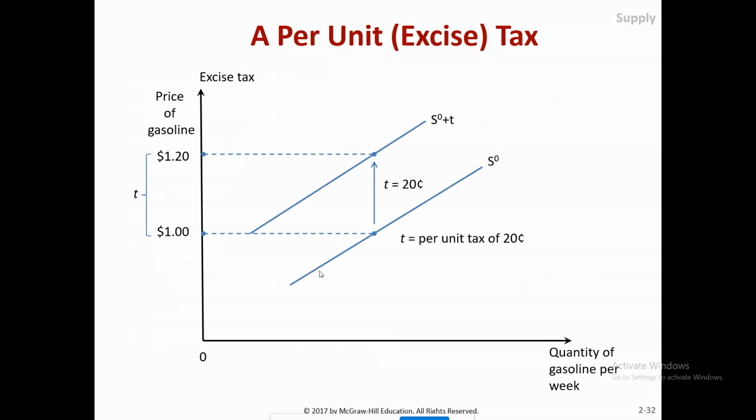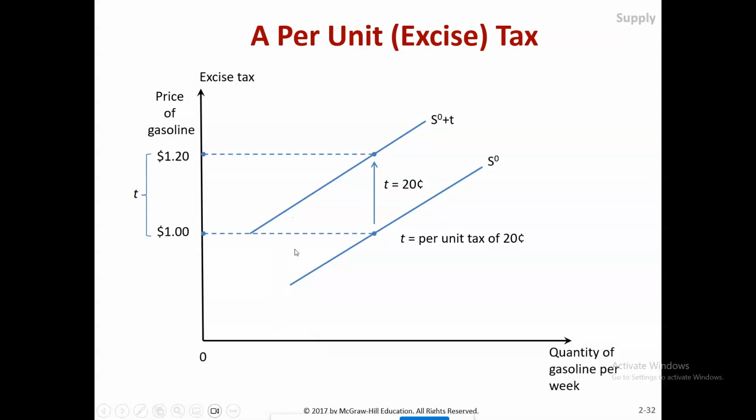Now, the first type of tax, which is excise tax, is also called the per unit tax. So, for example, it is 20 cents. No matter what level, every unit is charged 20 cents. You produce 100 units, it is 20 cents per unit.